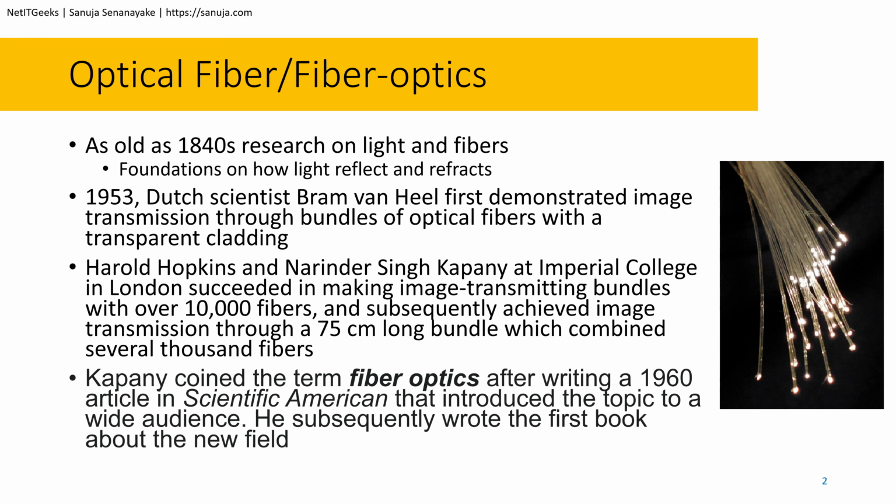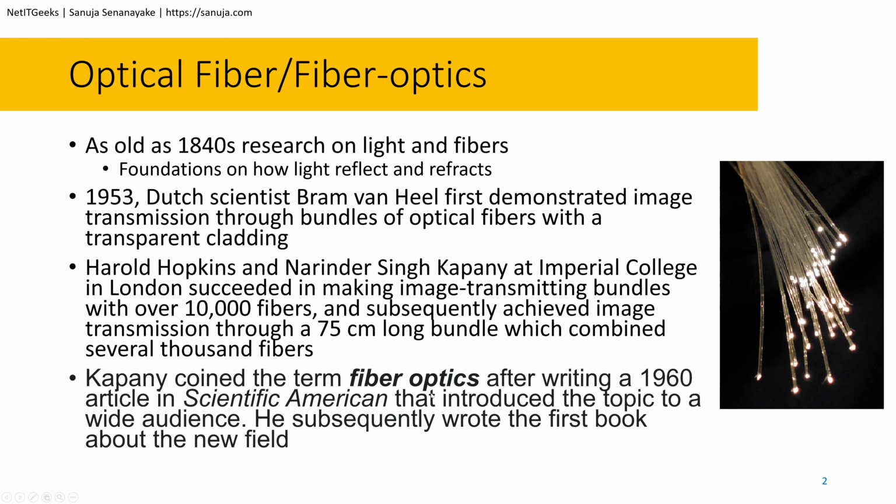Two other scientists later at the Imperial College of London succeeded in making image transmission bundles with over 10,000 fibers, as opposed to a couple of fibers in a bundle in 1953. At Imperial College of London, they were able to use 10,000 fibers and transmit similar data across the system, using an image on one end and viewing it on the other end.